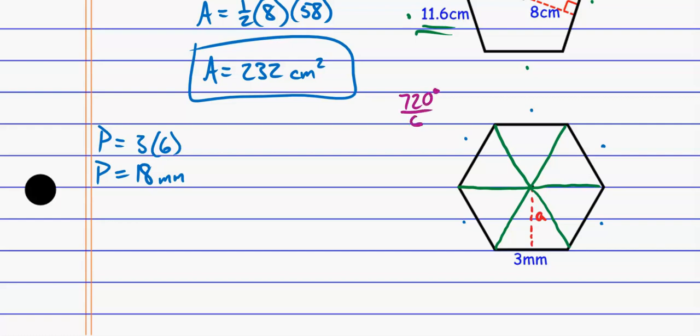But because this is a regular polygon, all of them are going to be equal. So each of these, like this whole angle right here, is 120 degrees, which means each of these little angles must be 60 degrees. And so as I kind of work my way around this triangle, if this is 60 degrees, well, that means this one's also 60 degrees. So this is a bunch of equilateral triangles.